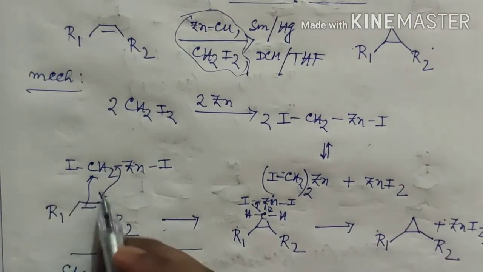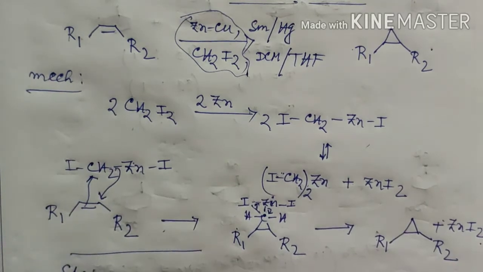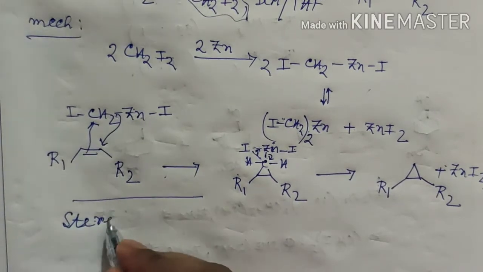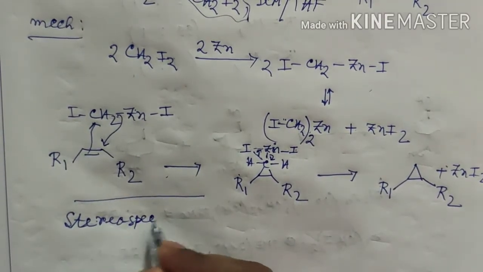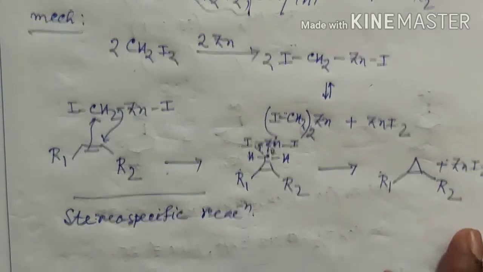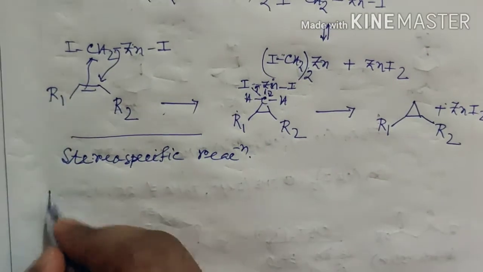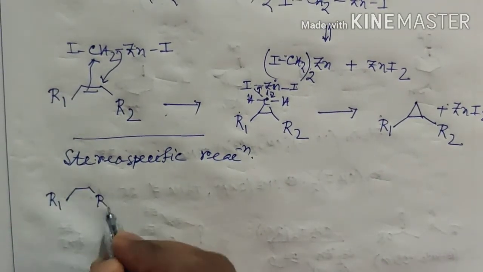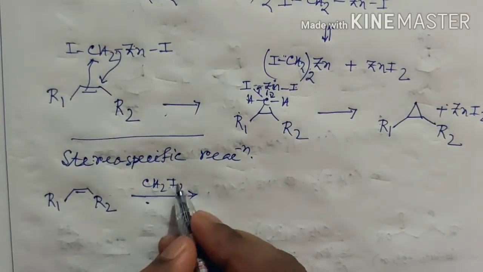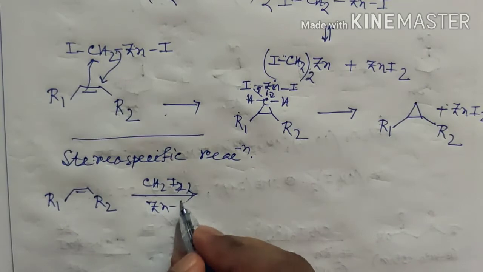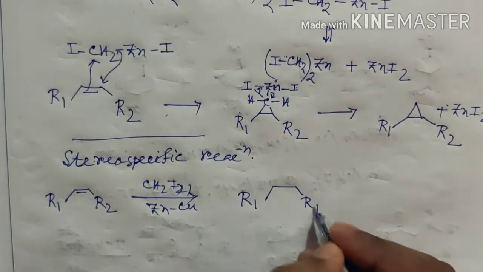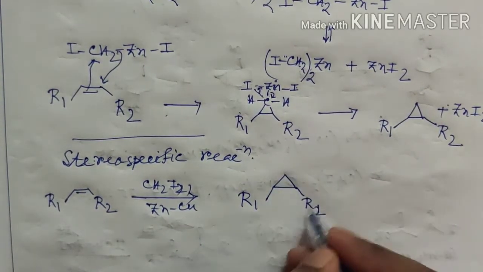Now the addition of this carbenoid species to an olefin is stereospecific. That is, this reaction is a stereospecific reaction, and if we take a cis olefin, then in the cyclopropane ring, that is in the product, the two R groups will be cis.